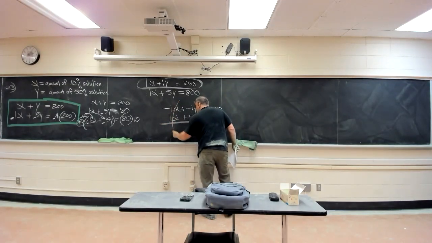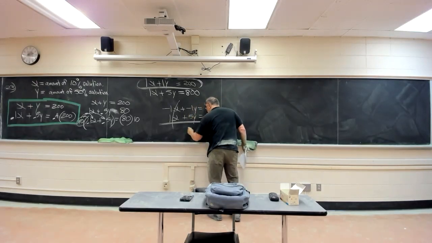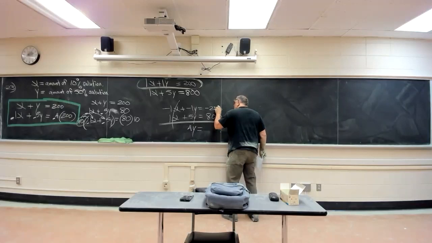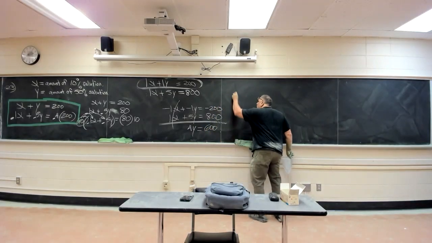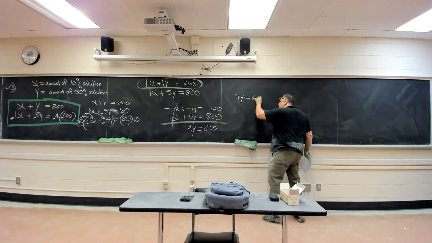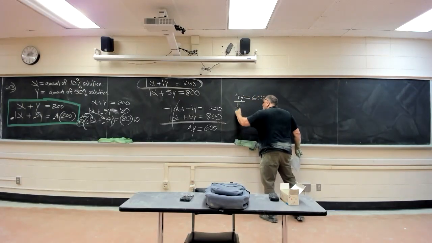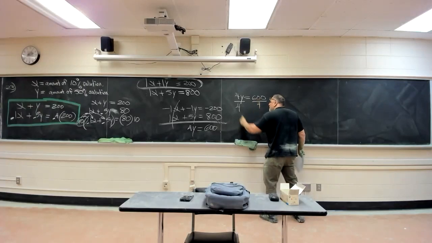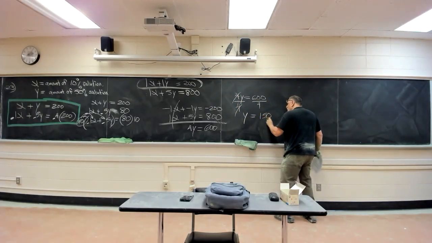-1x and 1x is 0. -1y and positive 5y is 4y. -200 and positive 800 is 600. 4y equals 600. Divide by 4 on each side. Y is 150 milliliters.